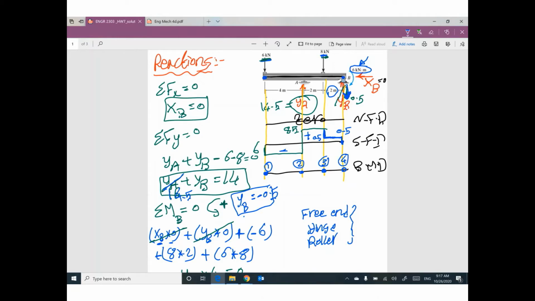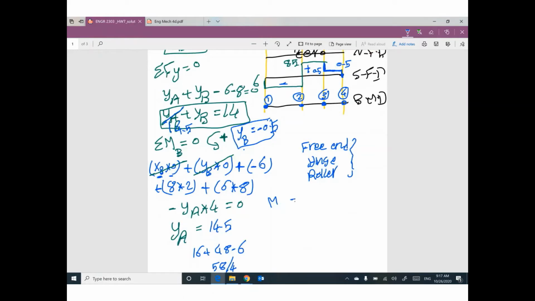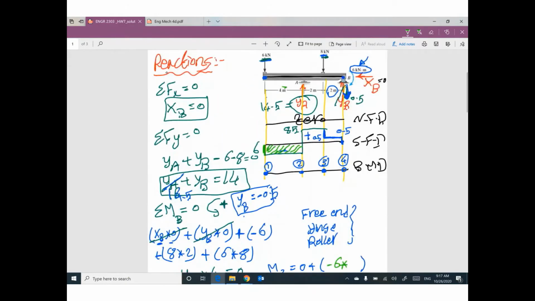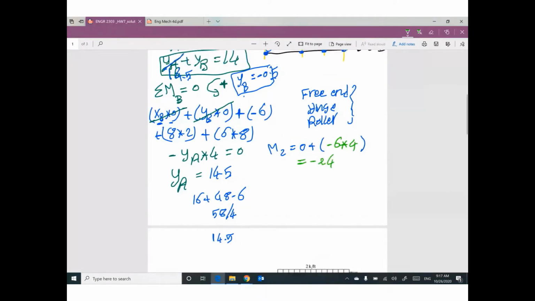We have a technique. M2 equals the previous value, M1, 0, plus the area of shear between the 2 points, 1 and 2. We have this negative area. Negative 6 times this length, 4. Your value will be negative 24. Negative means down.